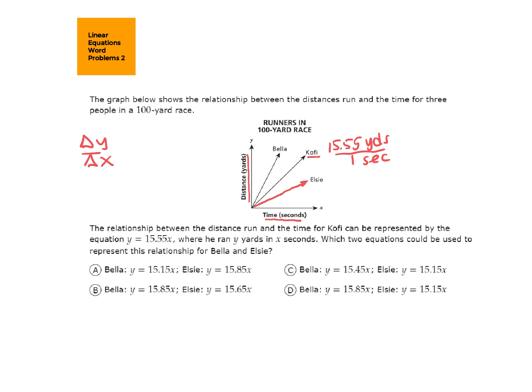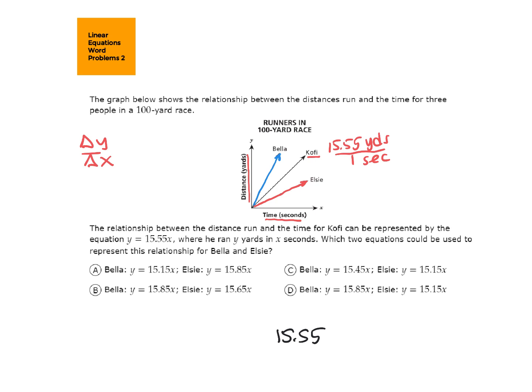So I'll pick a different color. Bella is a little bit faster. So if Kofi is 15.55, Bella has to be bigger than 15.55, and Elsie has to be smaller than 15.55. So I'm looking for a Bella that's bigger than 15.55 and an Elsie that's smaller than 15.55.